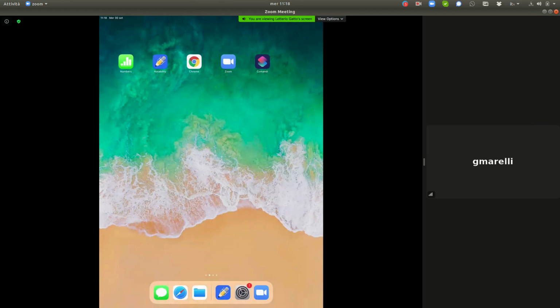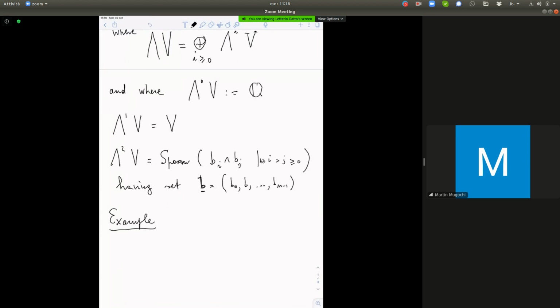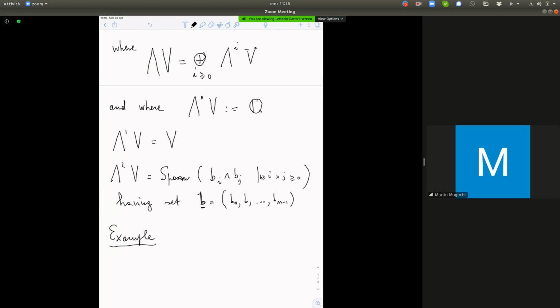I think that in all books this is the notation. Of course, we can agree to use another notation, but this is the standard one. Some people write it with a dot, to denote that this is a graded algebra.